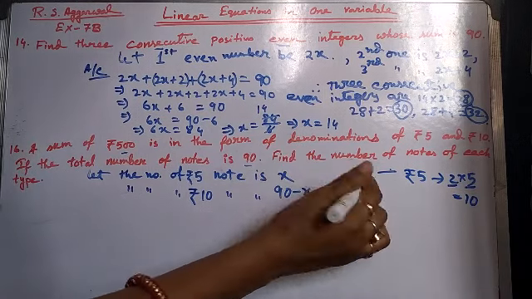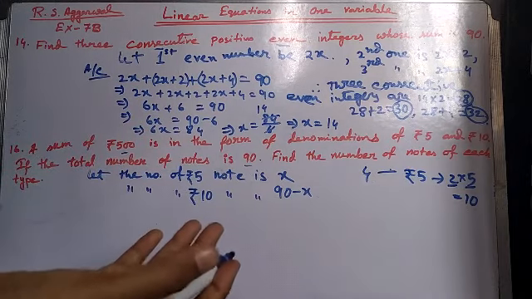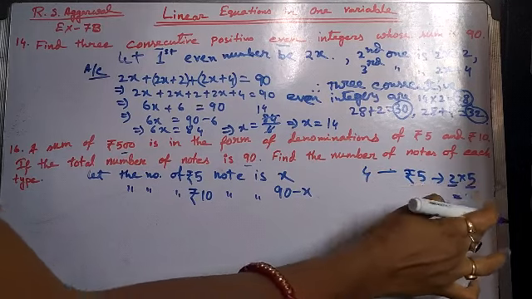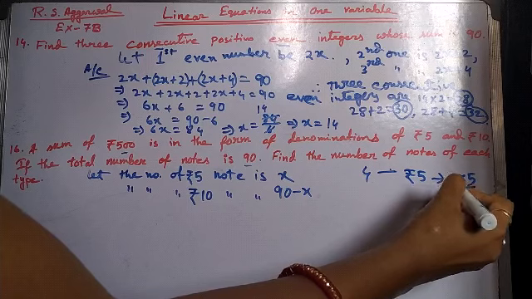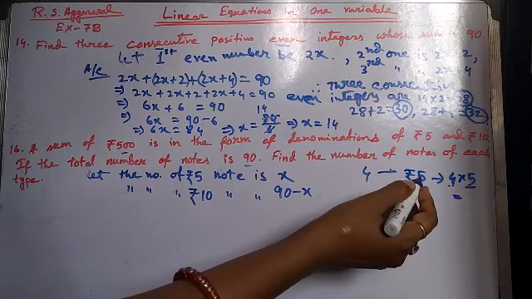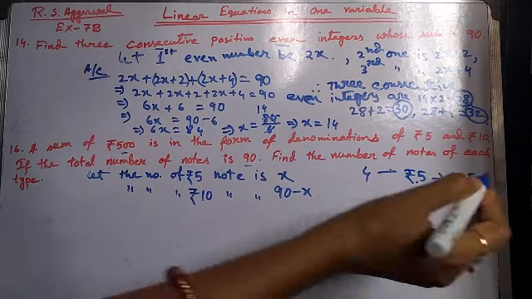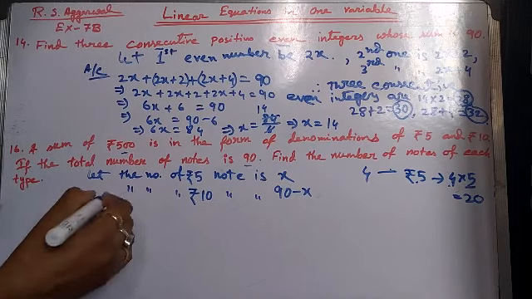If the number of notes is 4 and the value of each note is 5, then the total money will be 4 into 5, that means 20. So the same type of calculation will be done here.